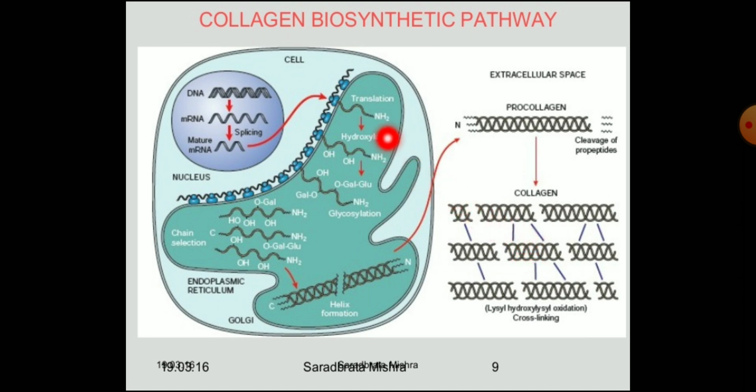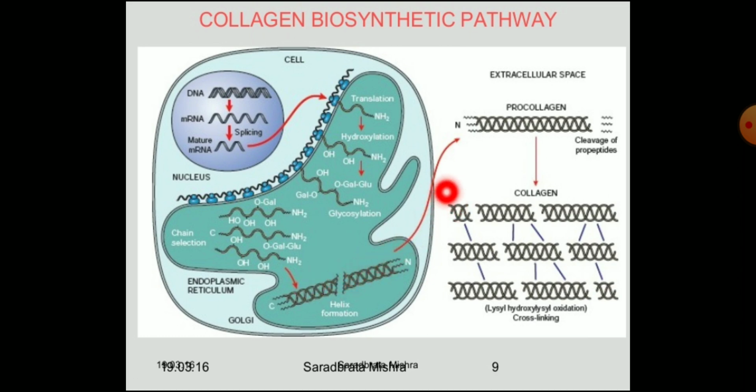Now you can see in this diagram, the synthesis occurs in the nucleus, mRNA is going, and then it enters the endoplasmic reticulum, where the ribosomes form the polypeptide chain, and finally it enters the Golgi apparatus, where a triple helical structure is formed with the amino acid sequence at the amino and the carboxy terminal site.